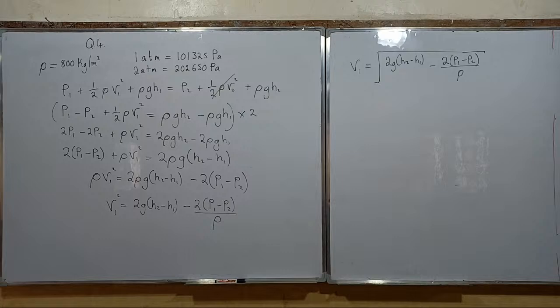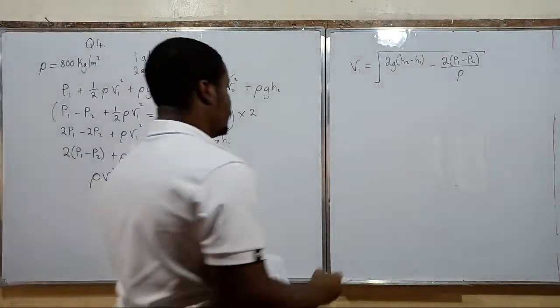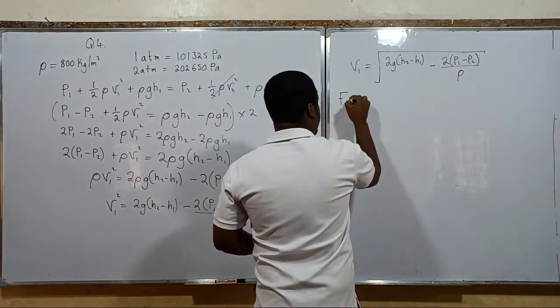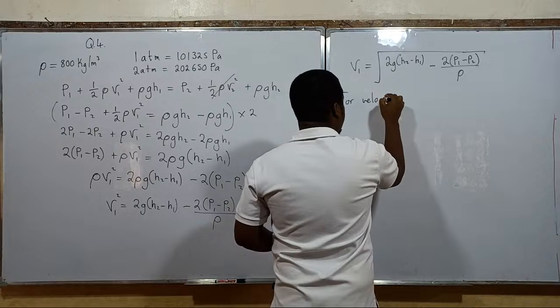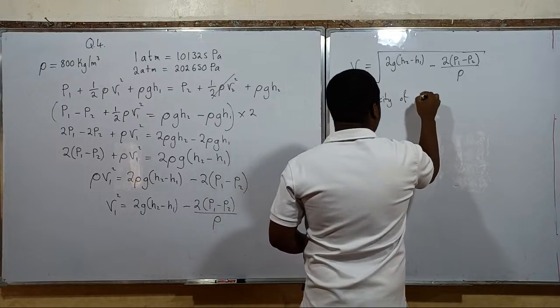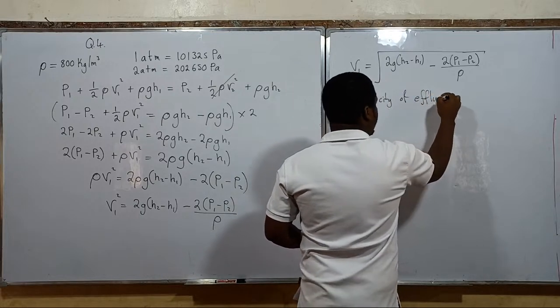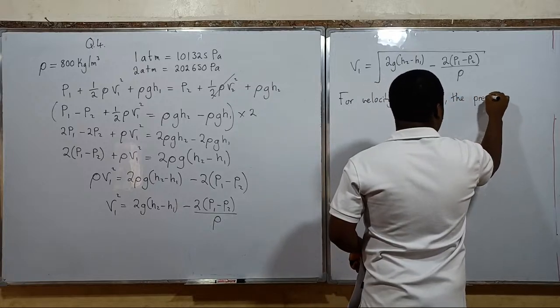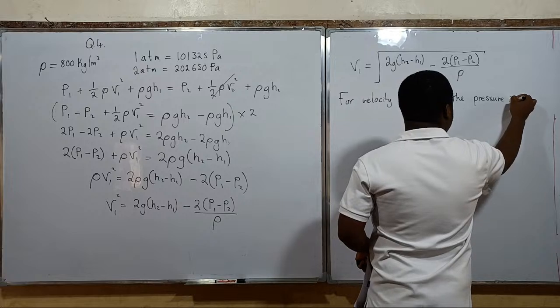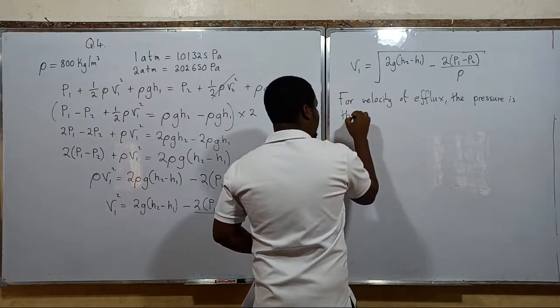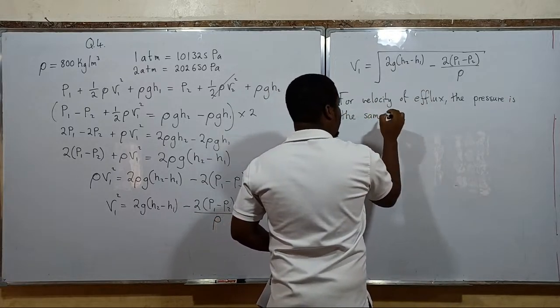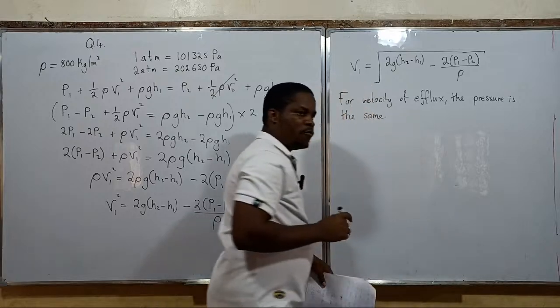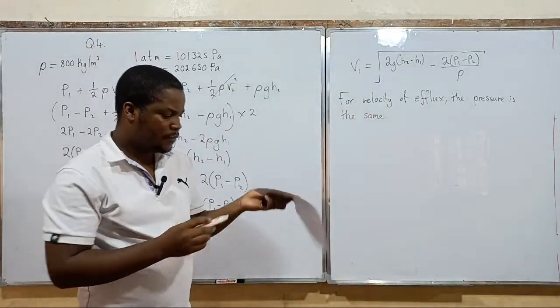So when calculating the velocity of efflux, it's important to note that the pressure is the same. So I can say for velocity of efflux, the pressure is the same. This simplifies things. When we say the pressure is the same, what will happen to the pressure?